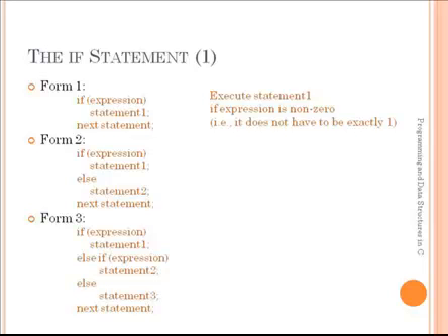After that, it will execute the next statements. The flowchart for if else statement is shown on the board. If the expression is true, the control goes to the statement 1 block. Otherwise, if the expression is false, it goes to the statement 2 block. After that, it will execute the next statements.